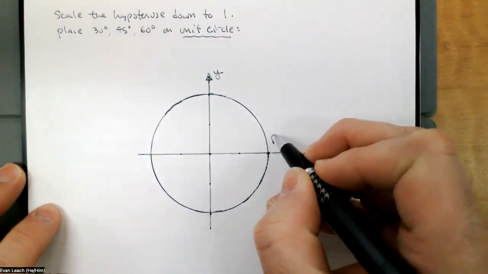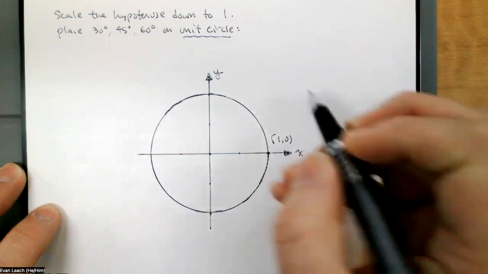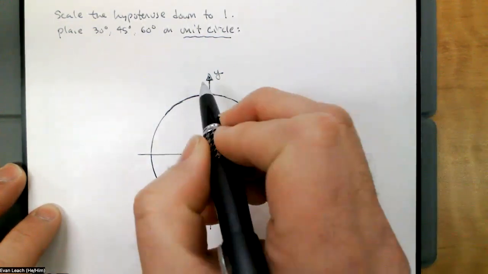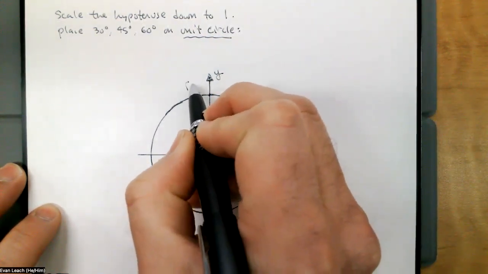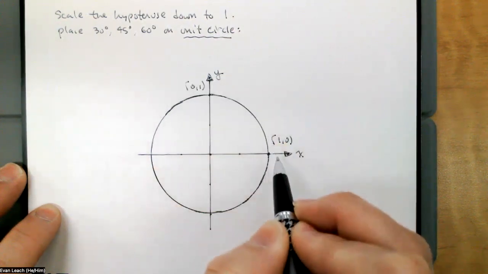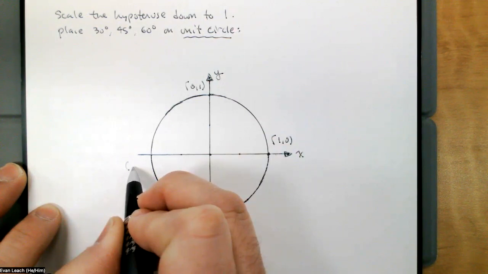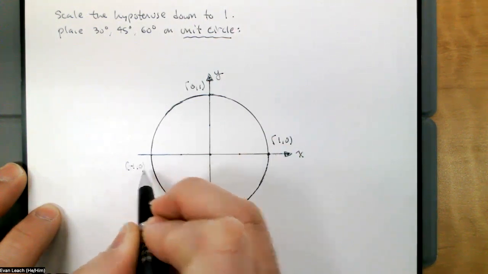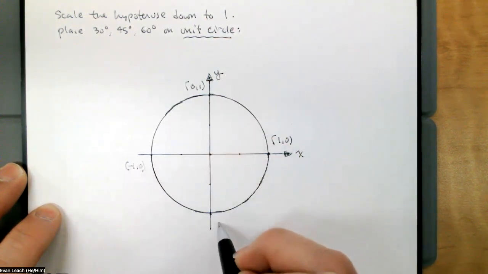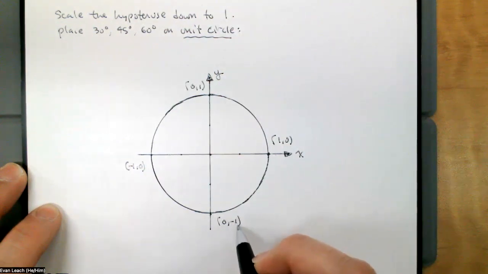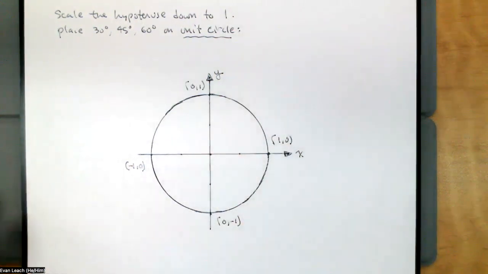So the coordinates here are (1, 0). Up here at the top, we have coordinates (0, 1). Back here, we have coordinates (-1, 0). And down here on the bottom, we have coordinates (0, -1). And then we're back up to where we start.